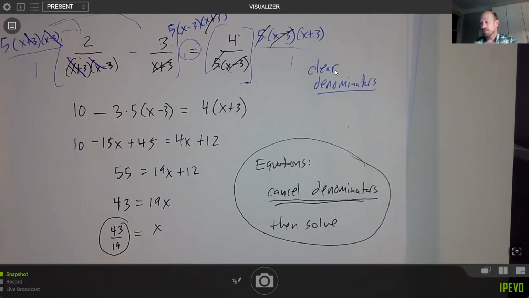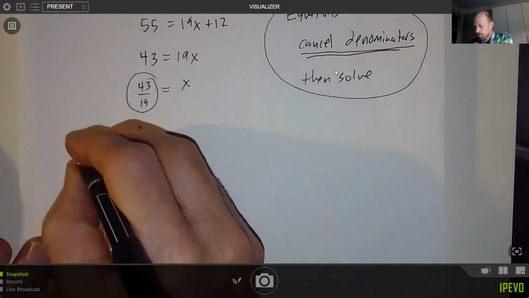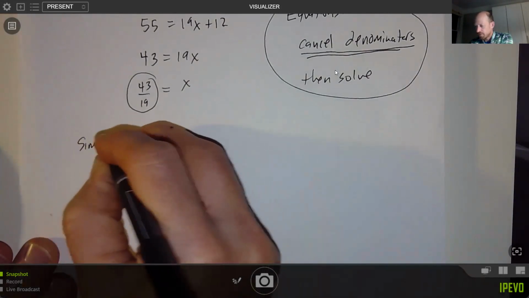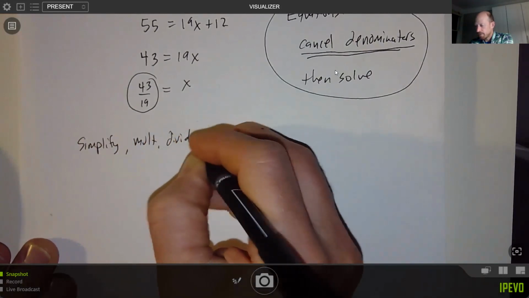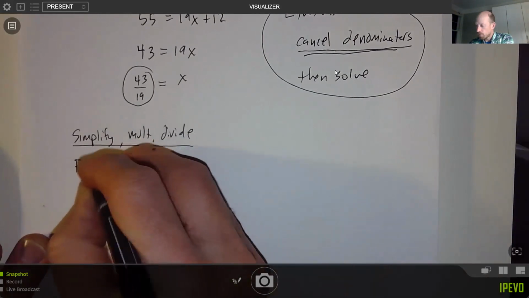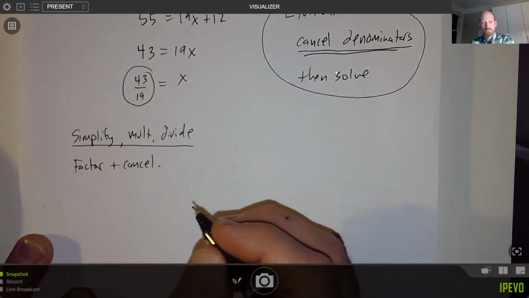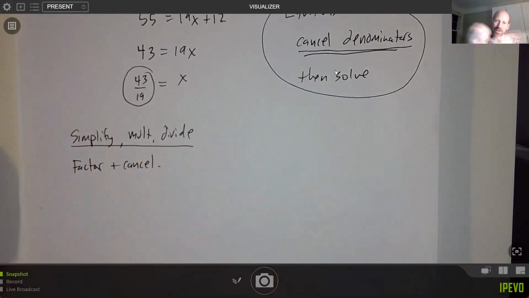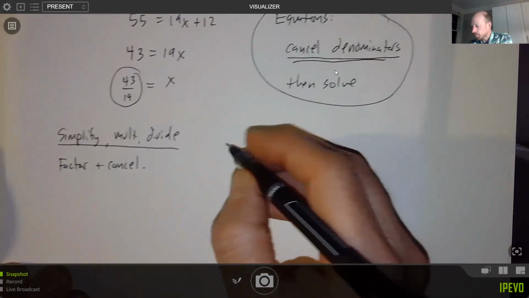And the three main types, what I like to group them together is if you're asked to simplify, multiply, or divide, those questions are really just factor and cancel. I mean, you have to flip it if you're dividing, right? But I am confident you guys can remember that part. Other than that, those are really the same kinds of problems.